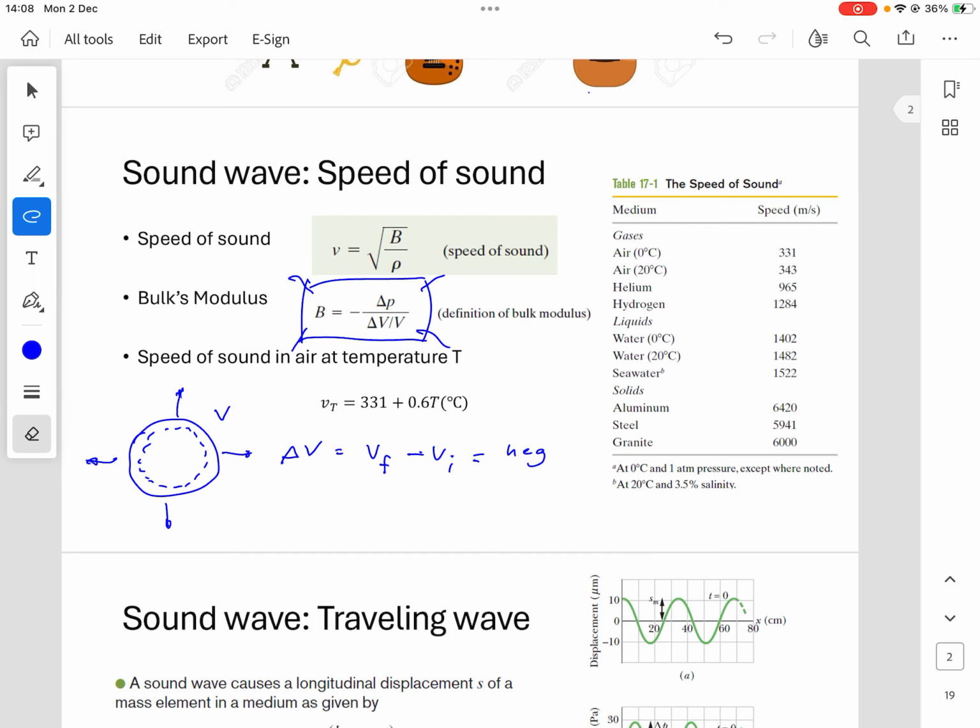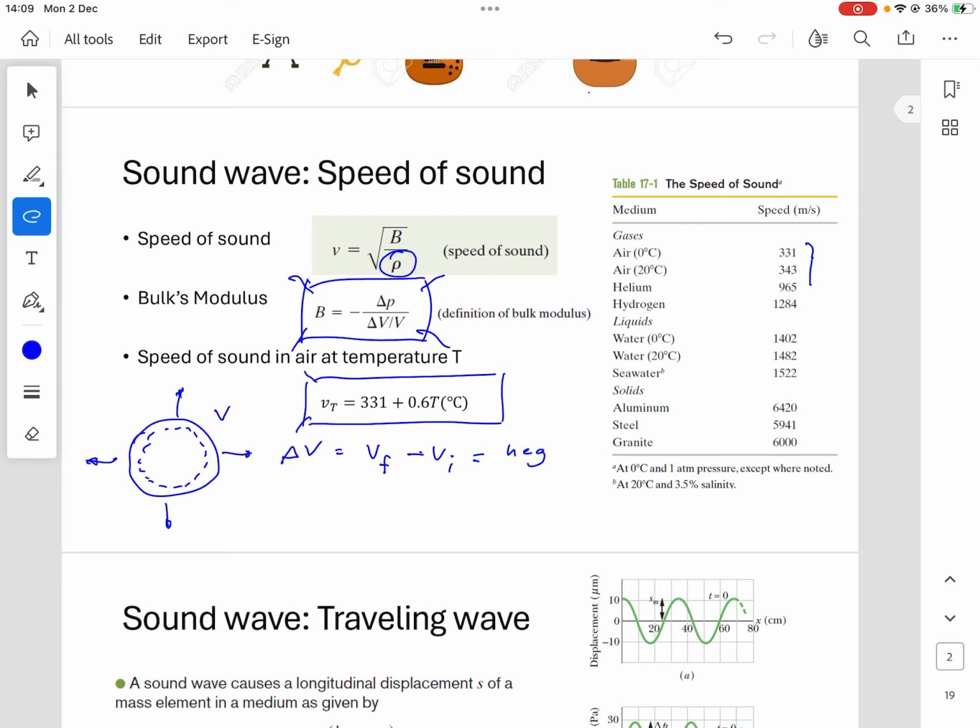And the other factor is density, right? Density, you know what it is. It's how dense the medium is. When you compare, for example, in air, you see that the speed of sound is larger at higher temperature in this table, and you can probably express this using this simple equation.